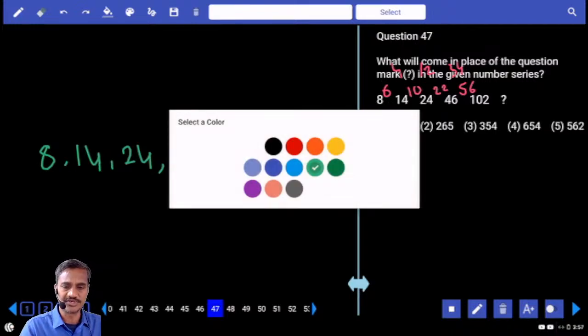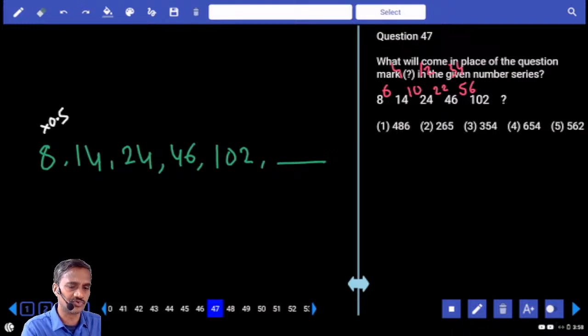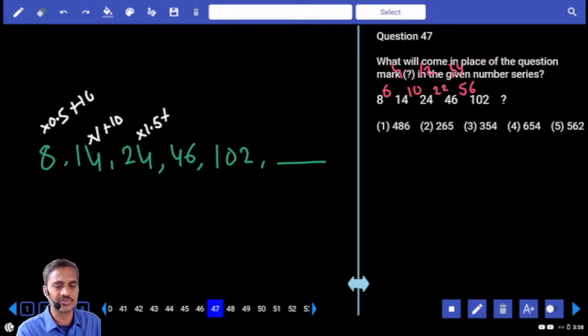Now, 8 and 14. 8 into how much? 8 into 0.5 is so much? 4. And 4 plus 10, so it is into 1 plus 10. Next one, 24 into how much? 24 into 1.5 is so much? 24 plus 12, that is 36. 36 plus 10.